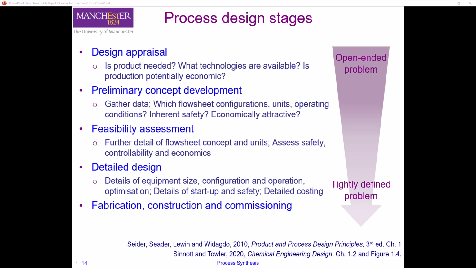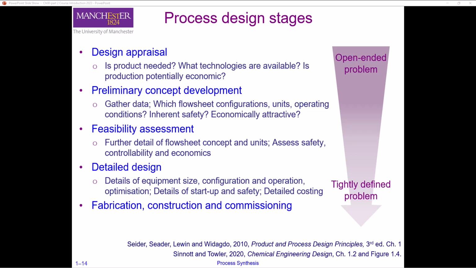But it also allows us to look at the economic viability of these proposed processes. Again, it is too early to give accurate values, but these are approximate values just to decide whether it is a go or no-go decision for making this plant.